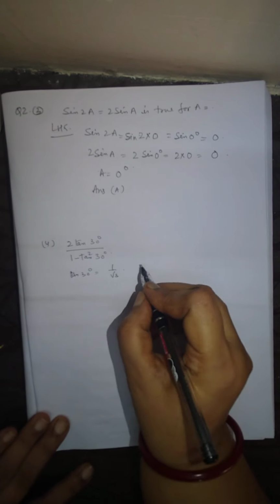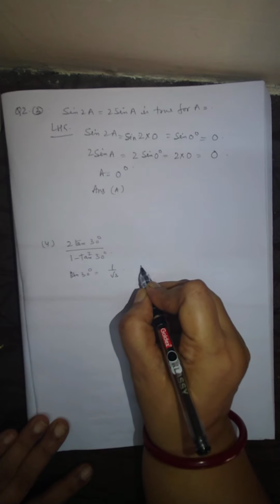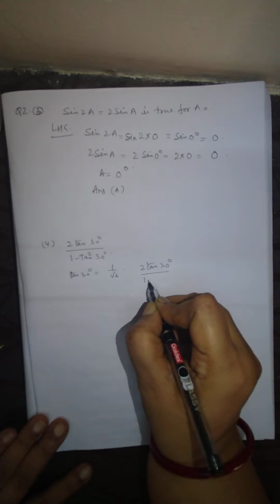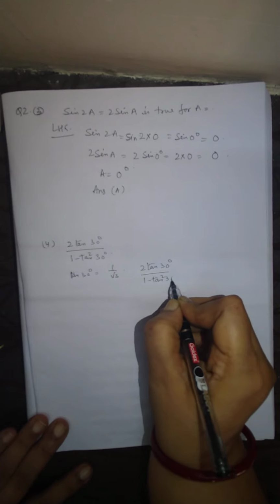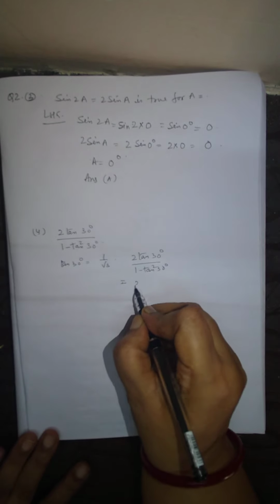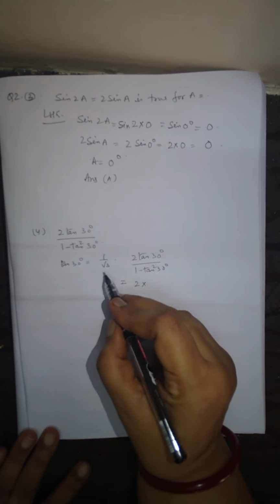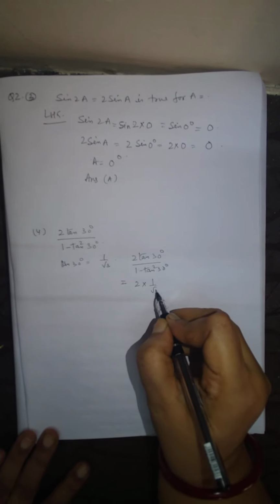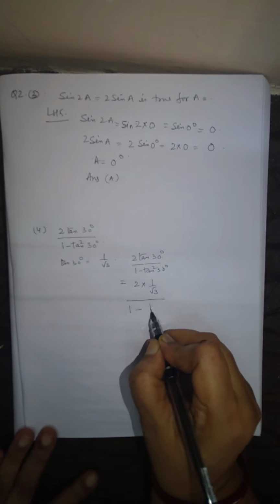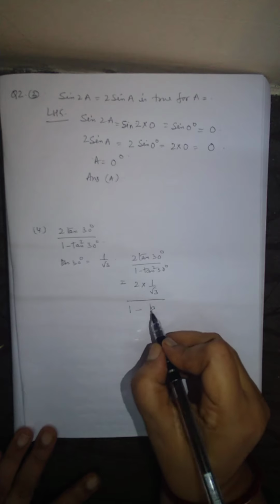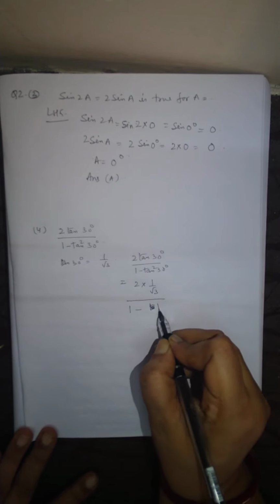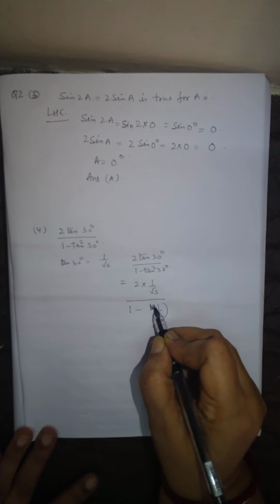So here 2 tan 30 degree upon 1 minus tan square 30 degree is equal to 2 into tan 30, 1 by root 3, upon 1 minus tan 30, that is your 1 by root 3 square.